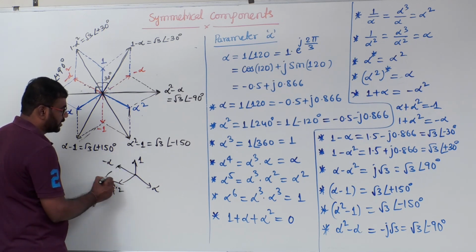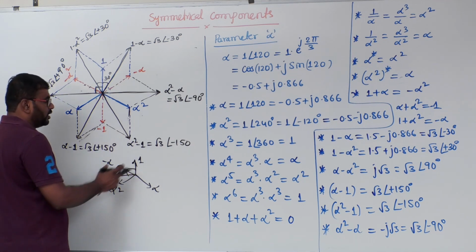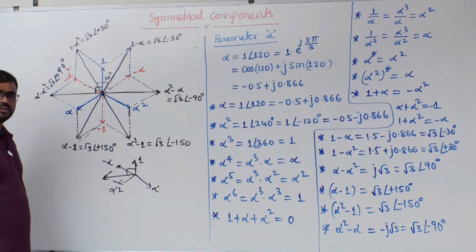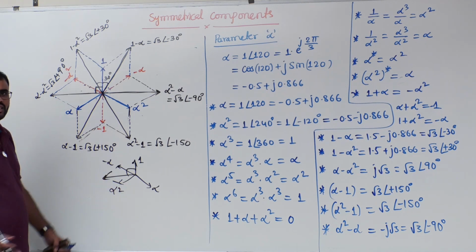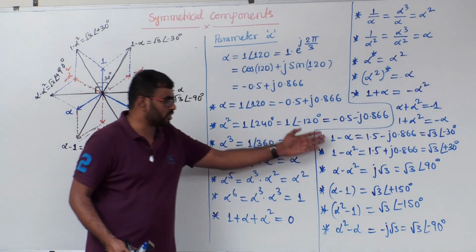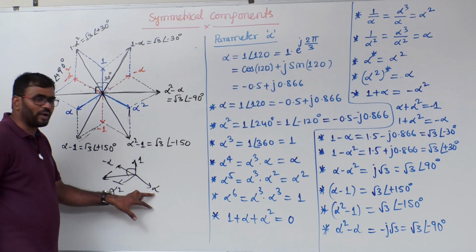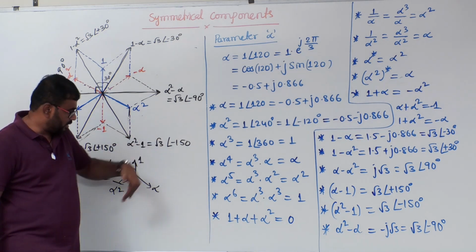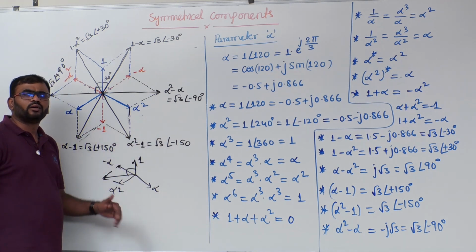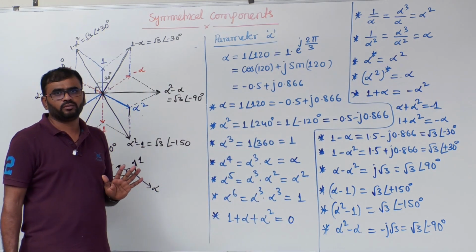So alpha square minus alpha leads 1 by 90 degrees. So root 3 at an angle plus 90. That is how you can give the answer. Clear, sir? So you don't need to remember all these terms. Once you have this picture in your mind, 1, then alpha, then alpha square, answering these things becomes very, very simple.